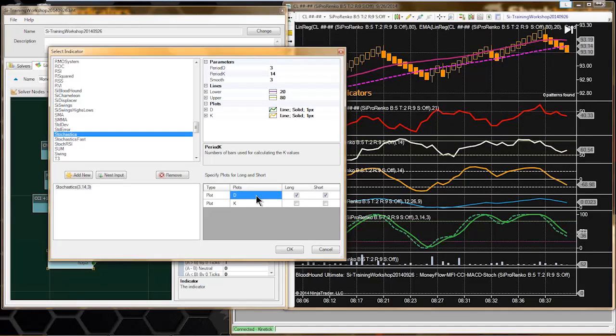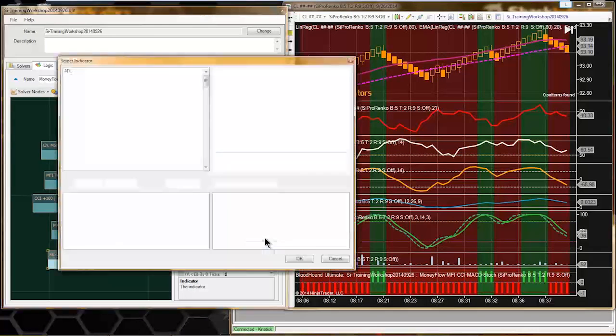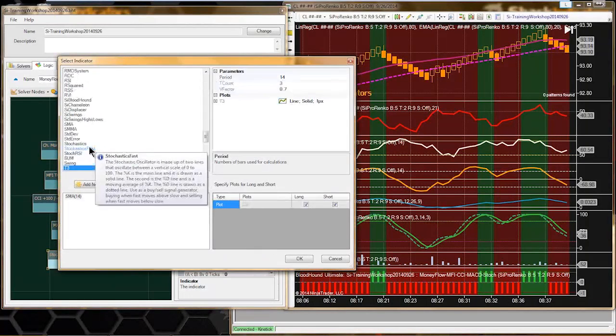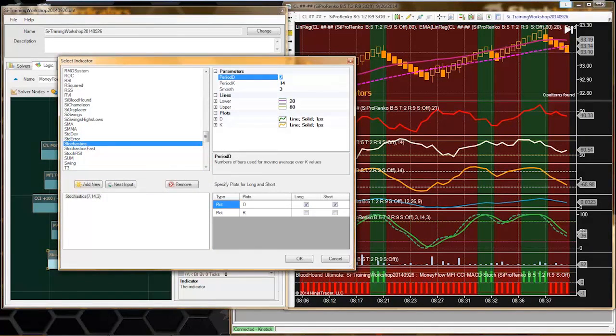The faster moving line is the D, so we're going to select the D plot first for the faster one. In indicator B down here, we're going to set this to the slower stochastic. Once again, let's change our periods to the 314, and now we're going to select the slower, the K.